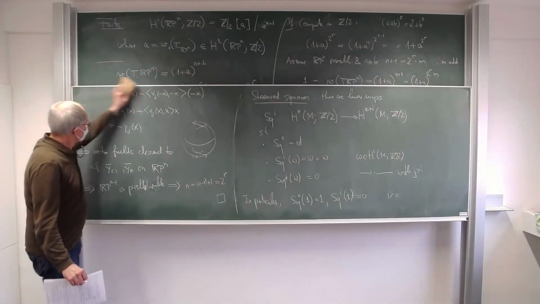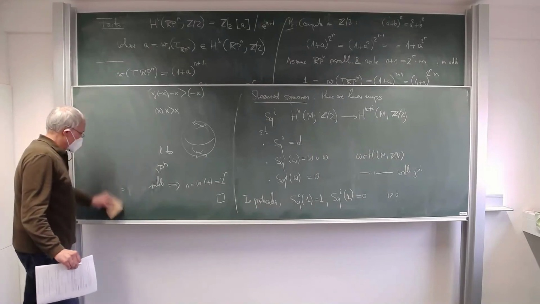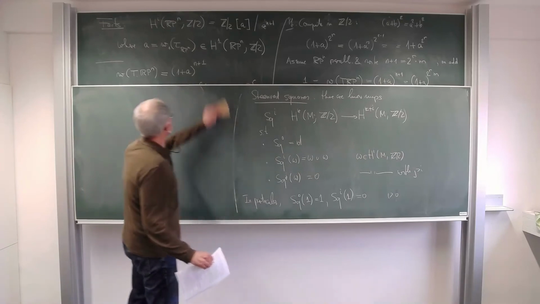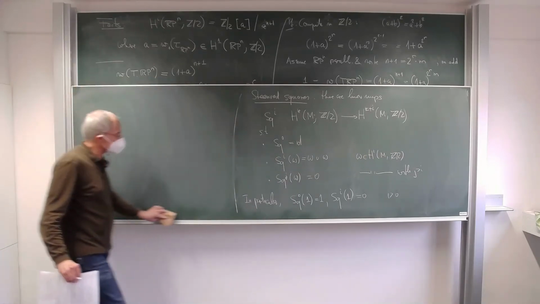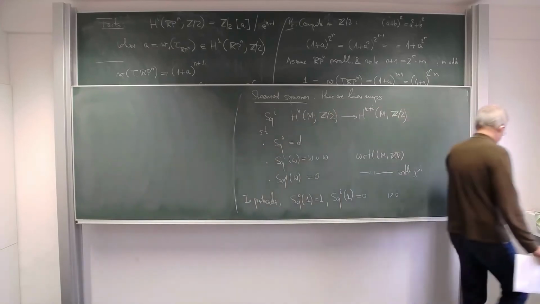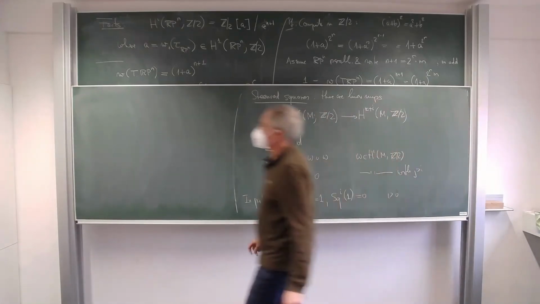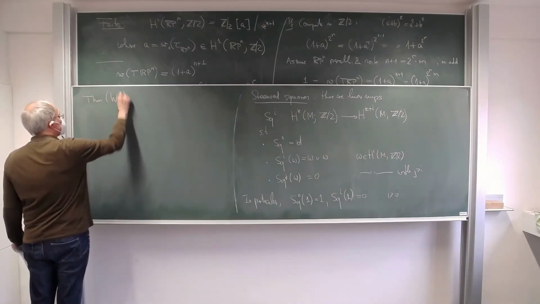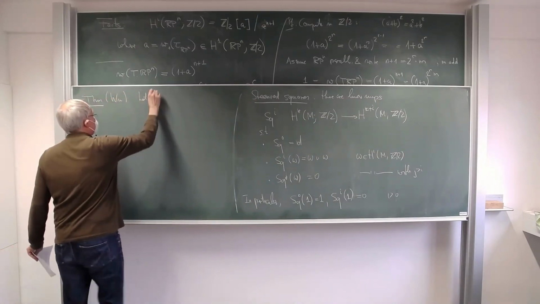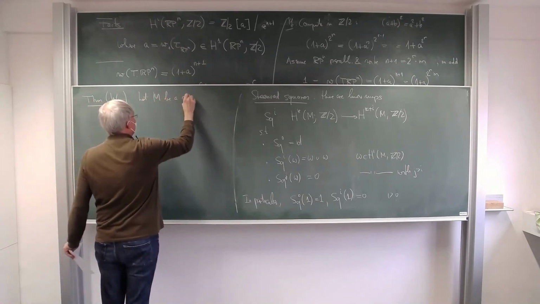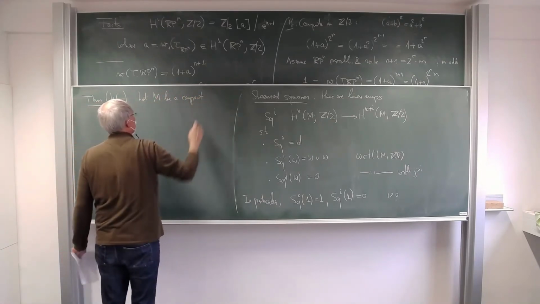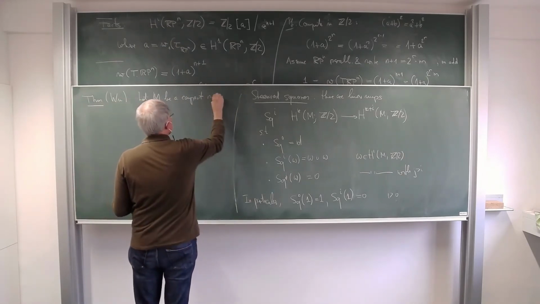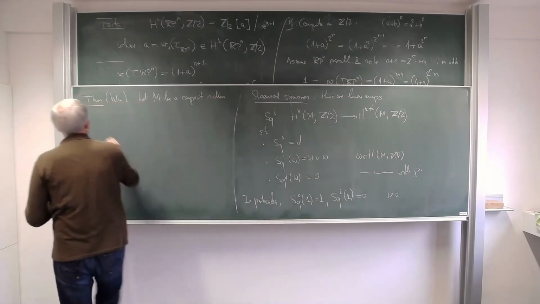Okay. Now there is a theorem by Wu which allows one to compute the Stiefel-Whitney class of the tangent bundle for compact manifolds in many cases. So let me state that theorem. Let M be a compact n-dimensional manifold.